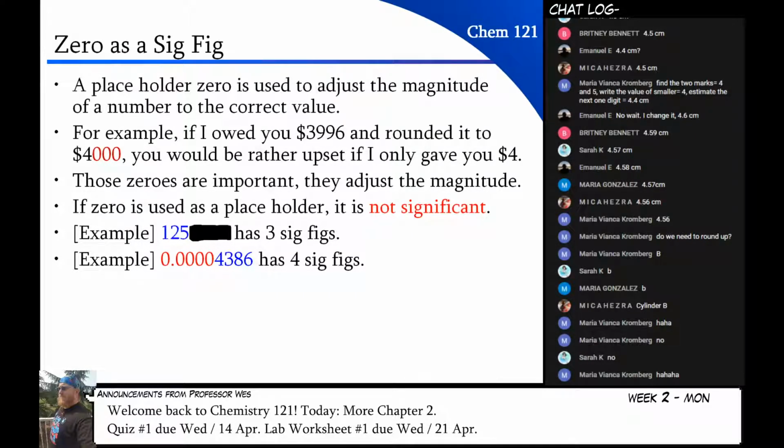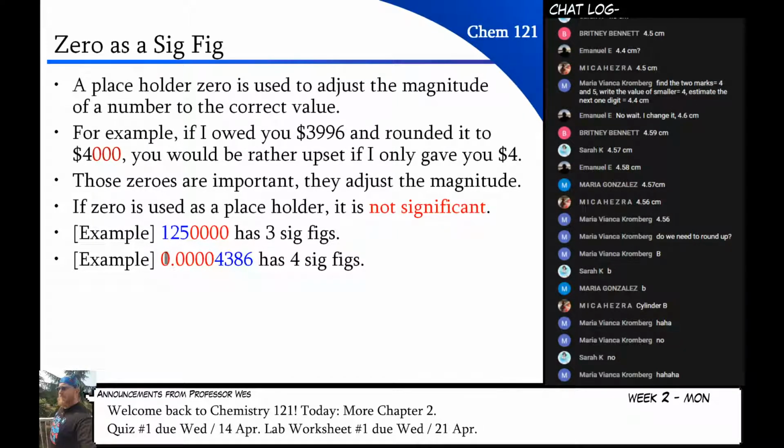Before it was 1,250,000, but now it's 125. I did change its value, because 125 is way too small for this number. If I owed you $1,250,000 and I paid you 125, you'd be very upset.